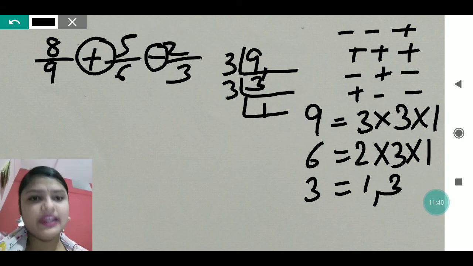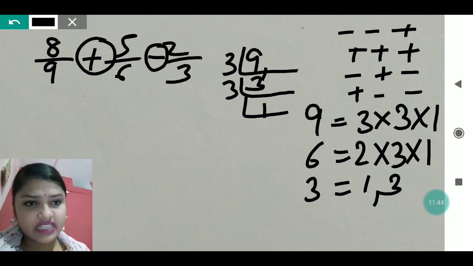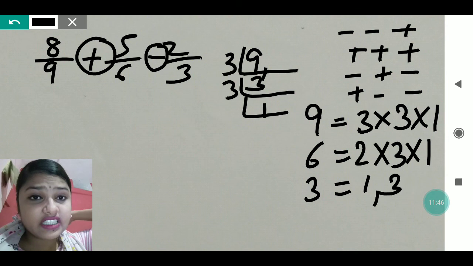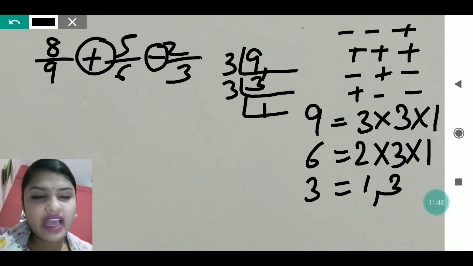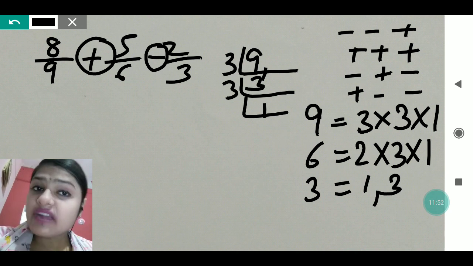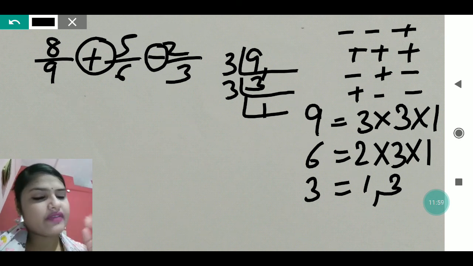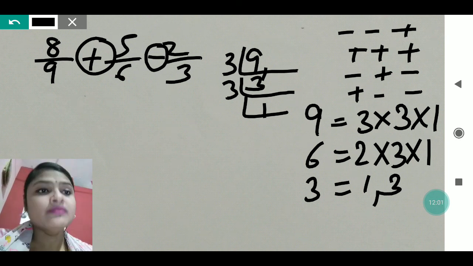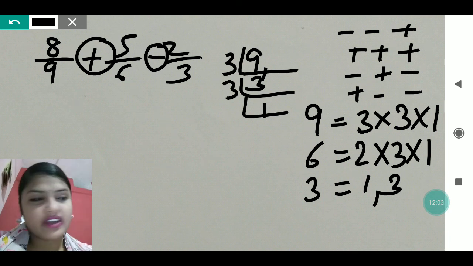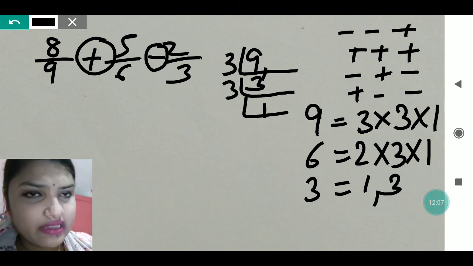Prime factorization means one by one we divide the numbers until we get 1 in the last. So in this way we have got the prime factorization of these three numbers. Now the common number we will write like this. Just see.